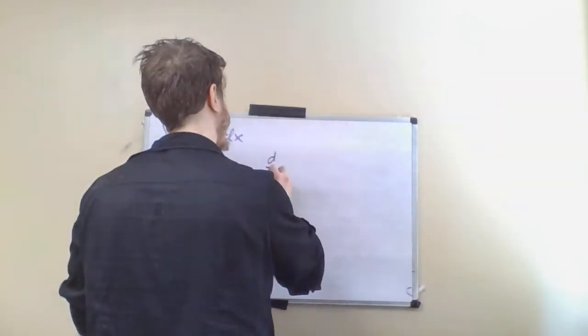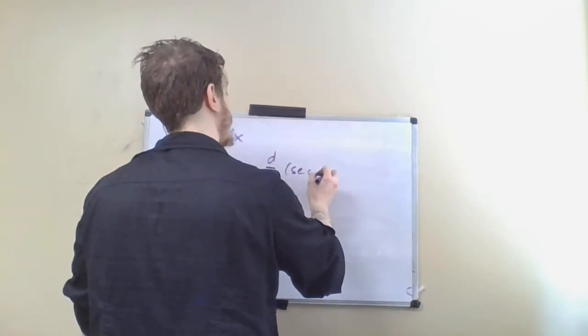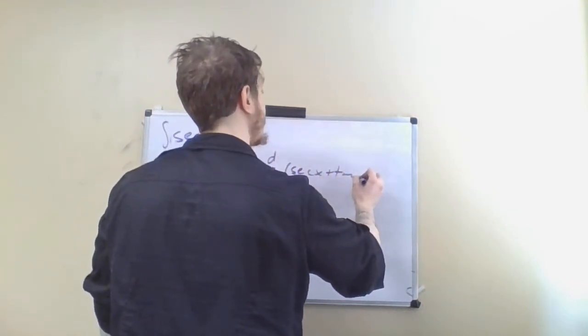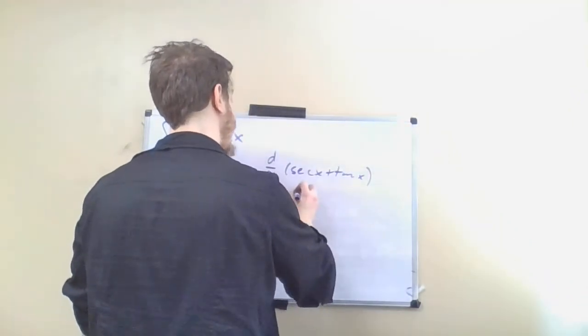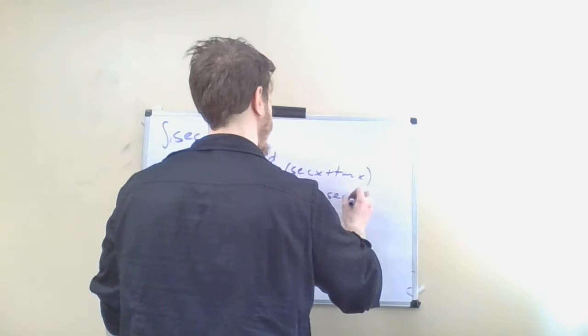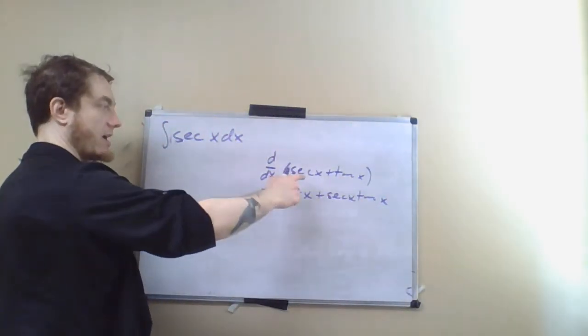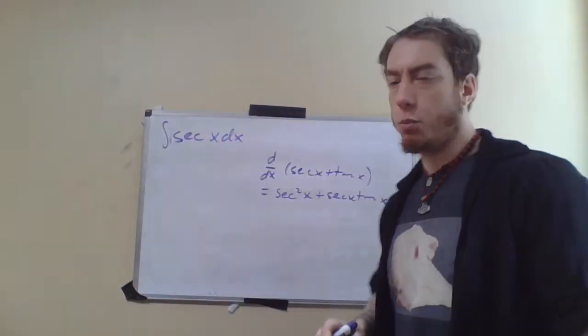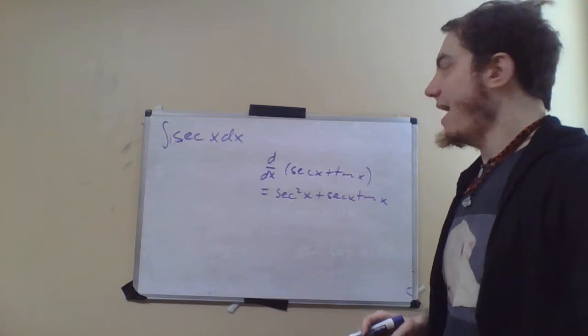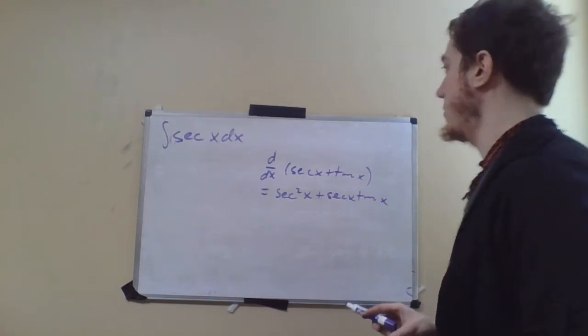What we observe is that the derivative of secant x plus tangent x is equal to secant squared x plus secant x tangent x. So the derivative of tangent is secant squared. The derivative of secant is secant tangent. Well, okay, how in the world is that supposed to help me here?